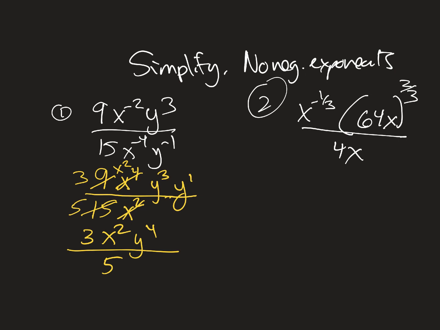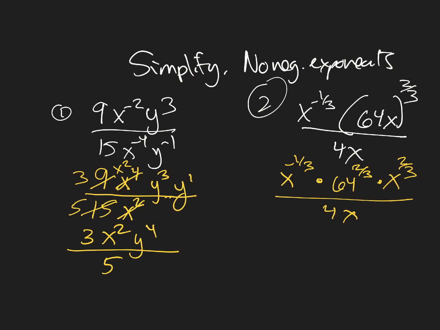All right, so here, everything inside these parentheses, 64x, is raised to the 2/3. So let's actually just write that out. So I've got times 64 to the 2/3 times x to the 2/3 over 4x. I actually can combine these x's because remember with the same base, you add the exponents.